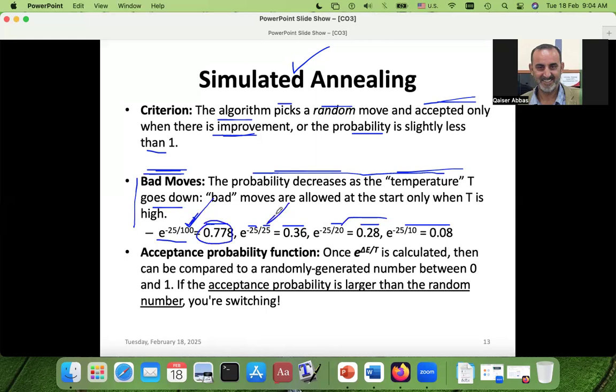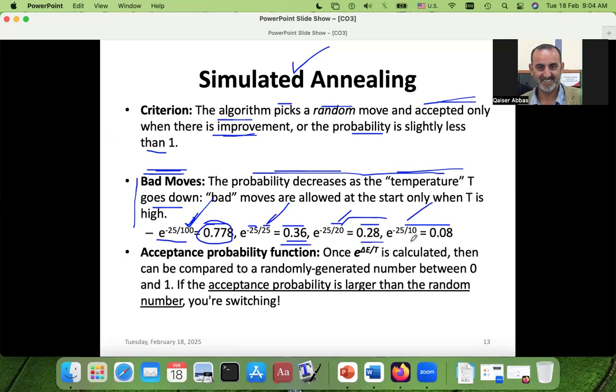And when the temperature becomes low, we don't have that probability to consider taking that move, so this is far from slightly less than 1. I said I am going to consider probability values between 0.7 and 0.9, and I'm not considering any other probability. This is 0.3, and I'm not going to consider it.